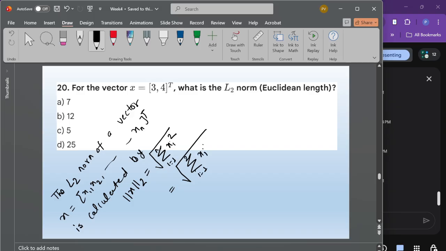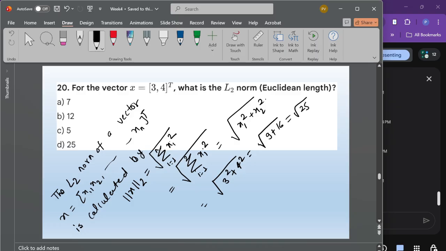So if you just open the summation, x1 square plus x2 square, the root of that is 3 square plus 4 square, so 9 plus 16, that is root of 25, and it is equal to 5.